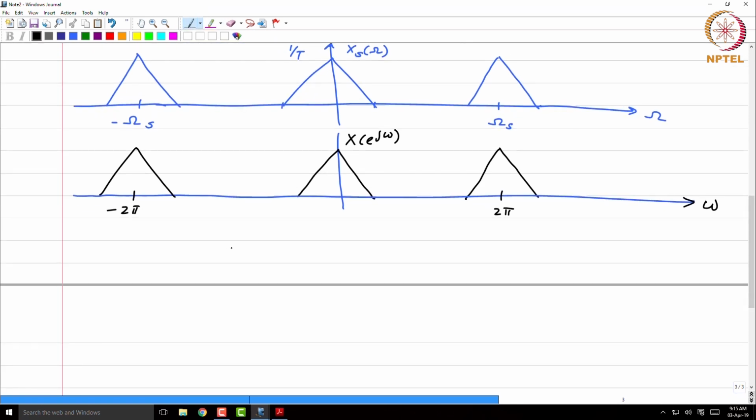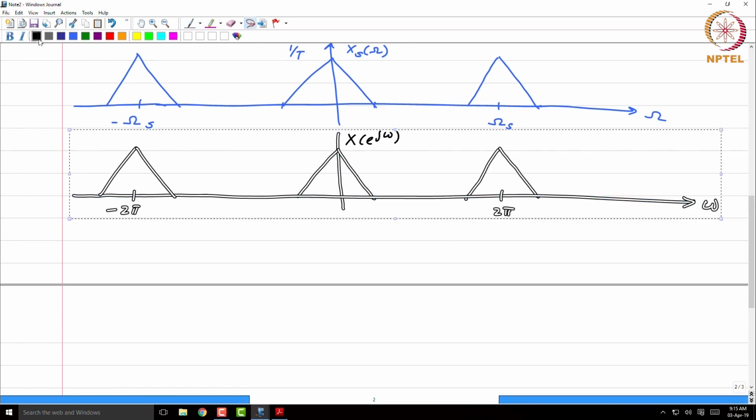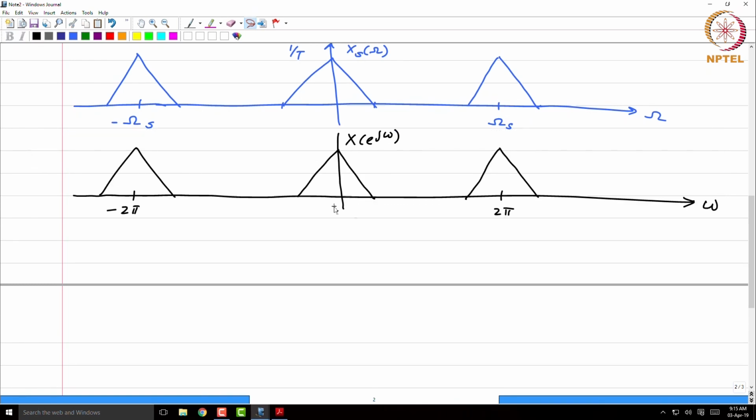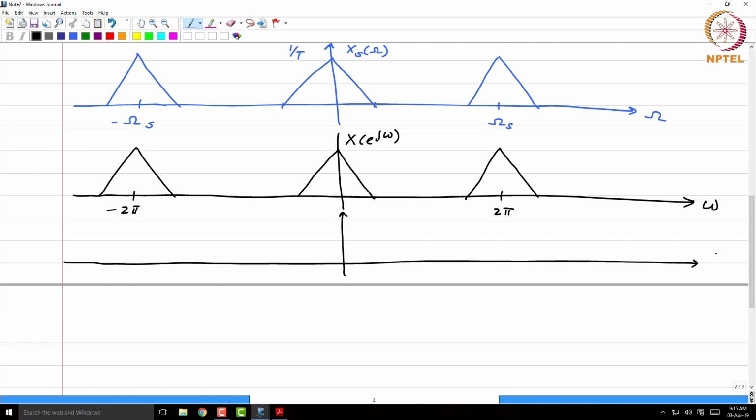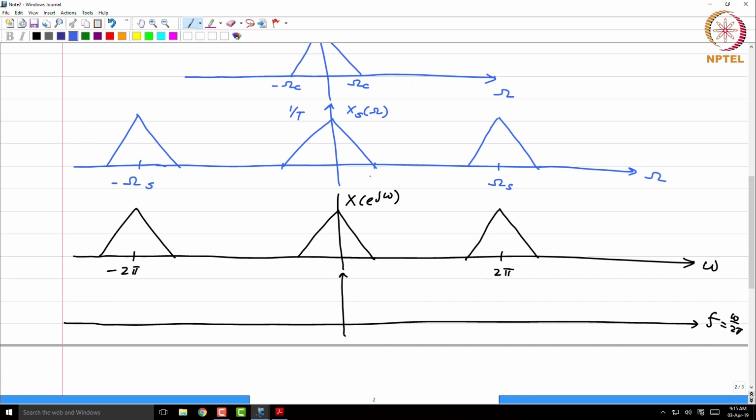And the other way of looking at this, rather than looking at the omega scale, you can also look at the f scale, which is nothing but omega by 2 pi, and this point continues to be omega c.